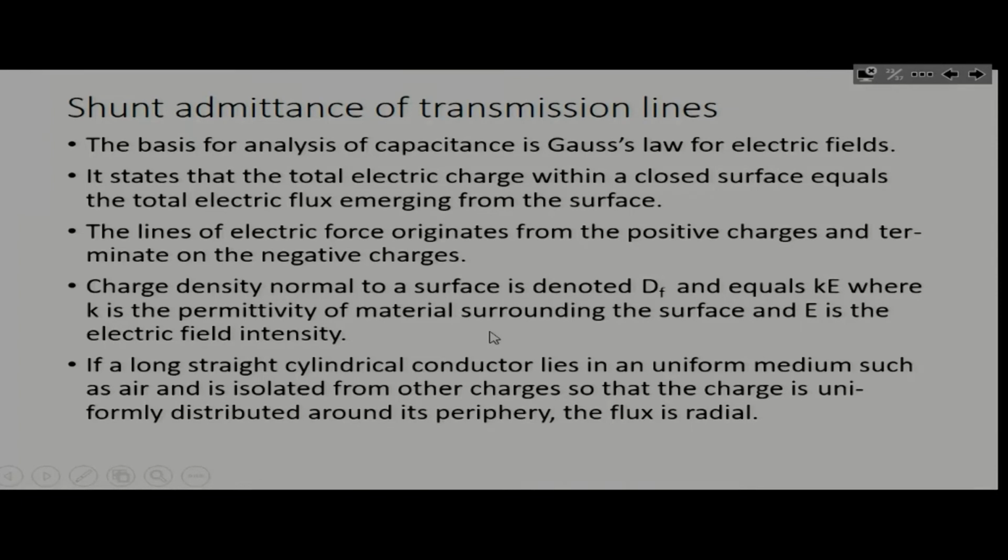If a long straight cylinder conductor lies in a uniform medium such as air and is isolated from other charges so that the charge is uniformly distributed around the periphery, the flux is radial. That means if we have a long straight conductor, all the flux lines are radial to that conductor.